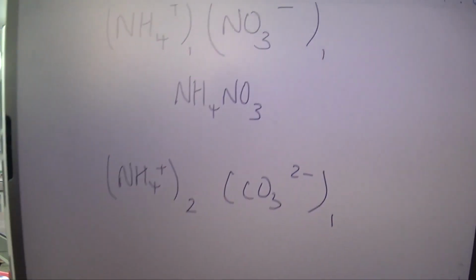Therefore you need 2 of the NH4+ and 1 of the CO3 2-, because the lowest common multiple of 1 electron being lost from the NH4 and 2 electrons being gained from the CO3 is 2. This was called lowest common multiple when I did it in primary school many years ago.